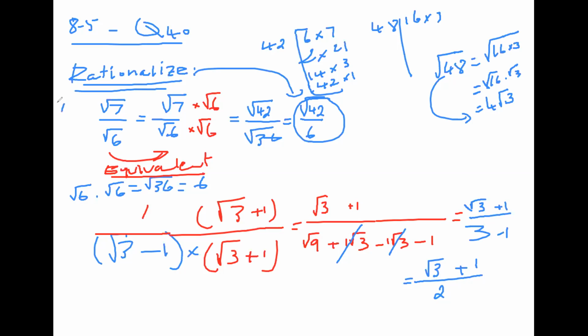Okay, so this example was again question 40 from unit 8.1, and you're doing question 39 similarly, and this is just another example. The example was to rationalize this fraction.